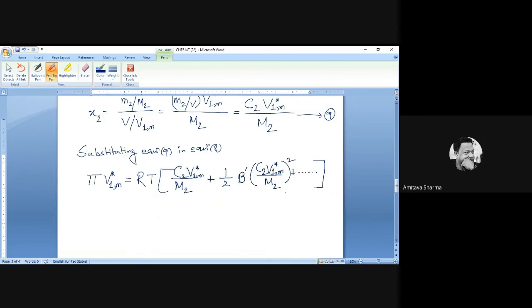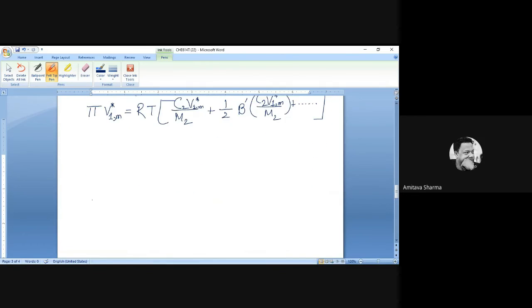Now from the equation, just rearranging it, I can write by taking C2 out of the right hand side of the equation.